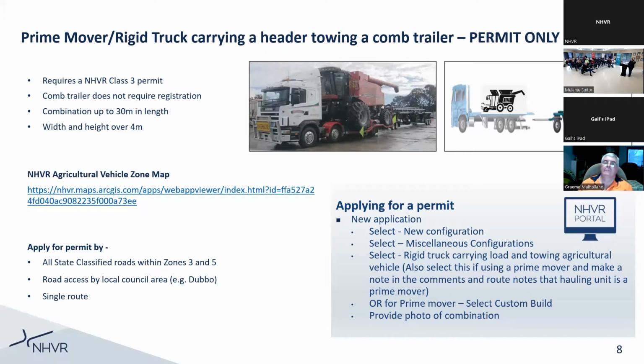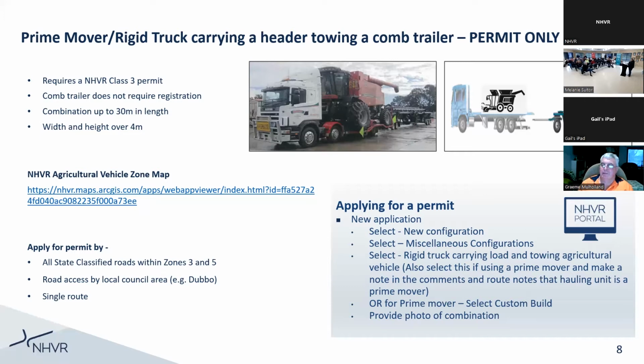Well, that one's a prime mover, and normally a prime mover doesn't have a load on the back of it, so this prime mover's actually got, as I said, an outrigger frame built onto it. Most low loaders drop that anyway. But if you're going to put the header on a low loader, it's not that. This is a totally different combination.